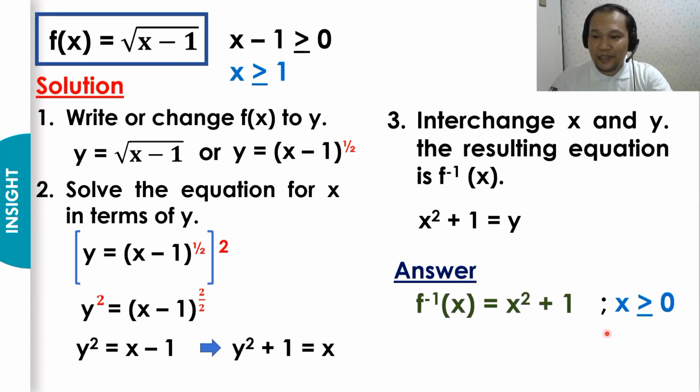Okay? Therefore, the inverse of the given function, square root of x minus 1, is equal to x squared plus 1. And we do have a restriction for the radical function, the given, which is x is greater than or equal to 1. While for the inverse of the given function, we have x is greater than or equal to 0.